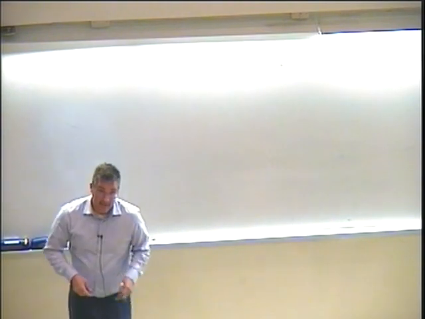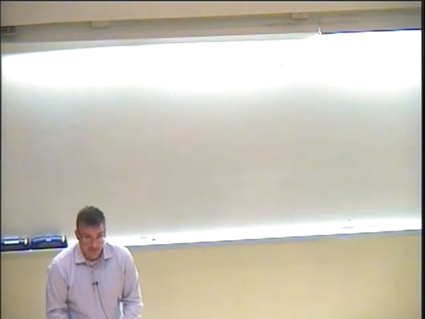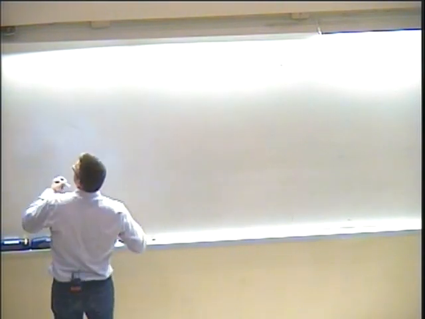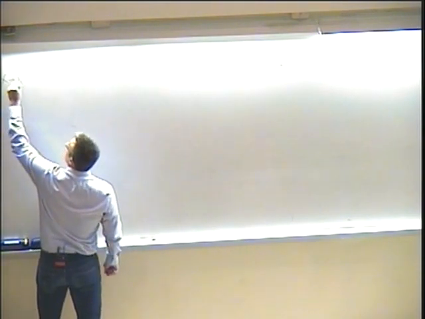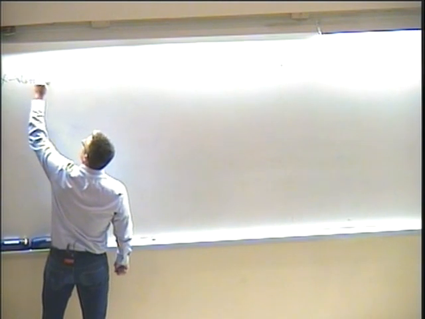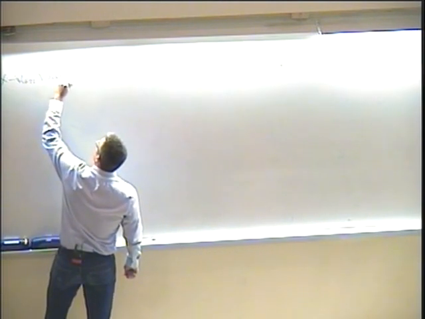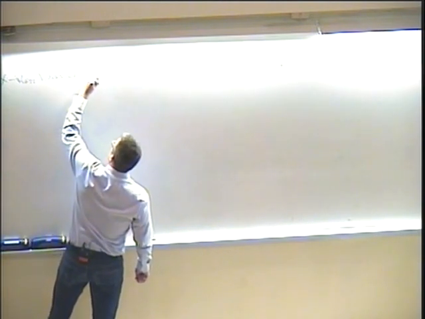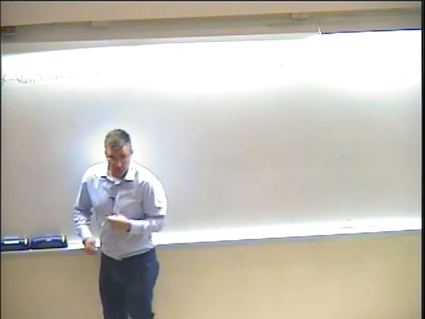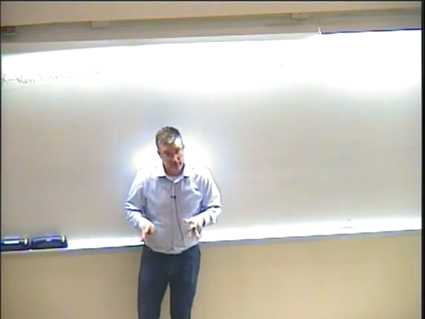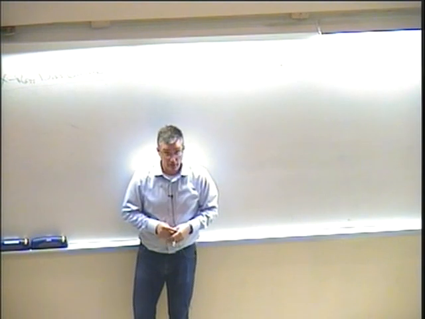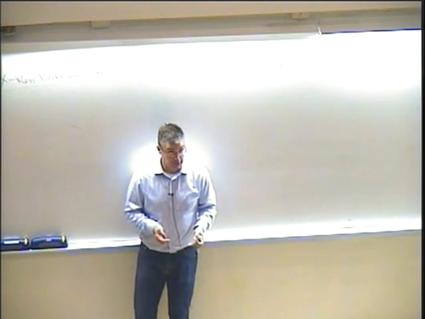Okay, so the next lab is X-ray diffraction. And we're going to start similarly to how we started the gamma ray lab. We're going to start with our X-ray source, okay?